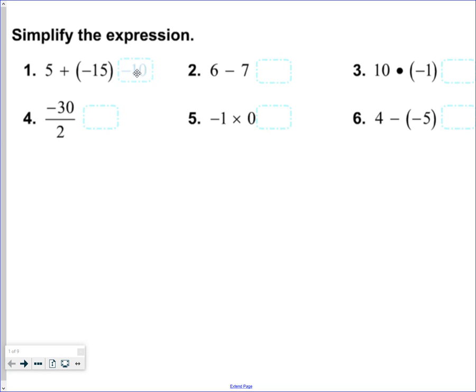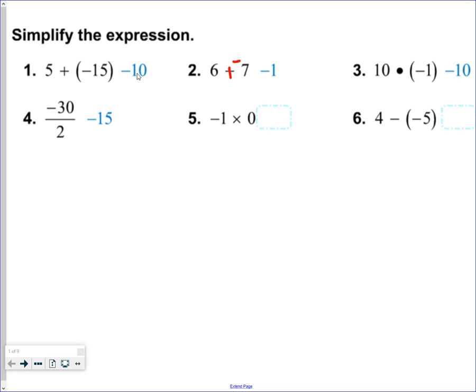Did you get for number 1, -10? Number 2, -1. Be careful if you needed to do that. Number 3, remember a positive times a negative stays negative. Divisions, multiplication and division rules still apply the same. So 3 and 4, they're still negative because of that, versus number 1, you're just adding.